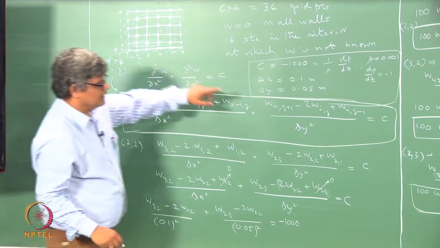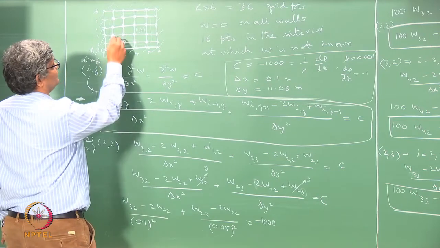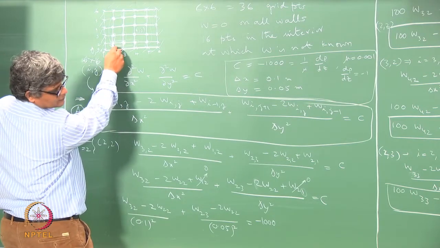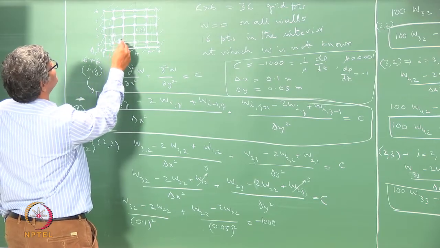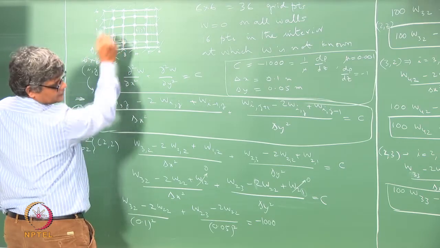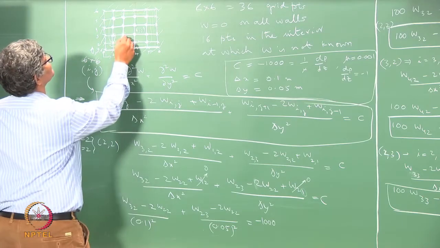So, similarly, when we write for (2,3), which is this point here, we have (2,3), and then we should have (2,2), and we have (2,4), which is this point here, and we have (3,3), which is this.